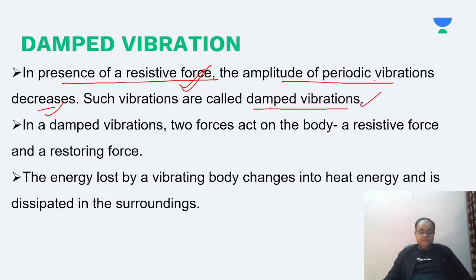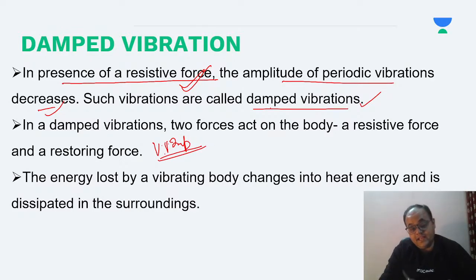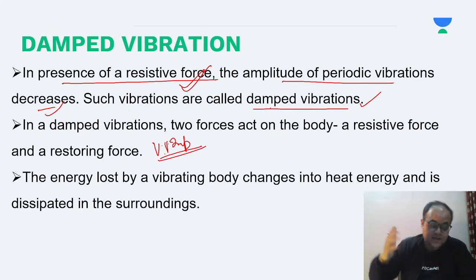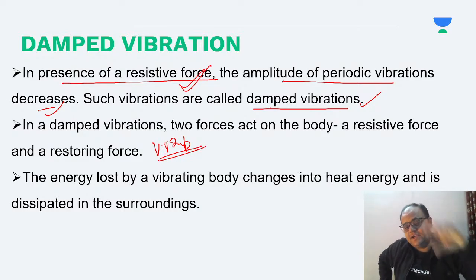So now see, very important point in terms of your board examination. How many forces are there in damped vibration? See, the restoring force is there 100%. There is no question about this, because if the restoring force is not there, the body which is displaced from its mean position will never return to its mean position.